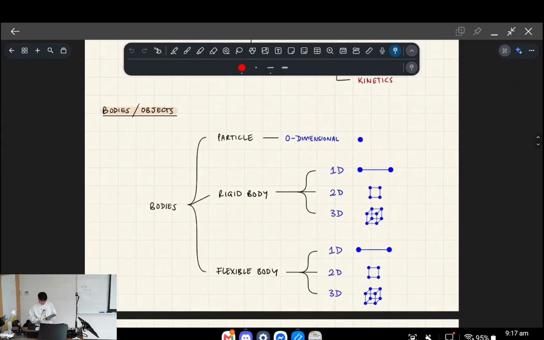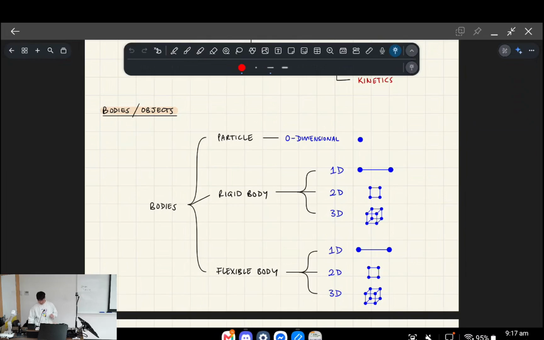All right, let's talk about bodies and objects. This is a rather abstract concept, and it's something that you've probably been learning in physics and engineering studies, but you haven't quite been able to put your finger on what it actually is. At least that was the case for me.